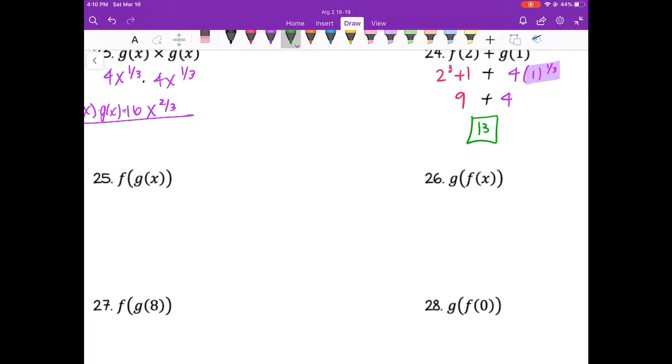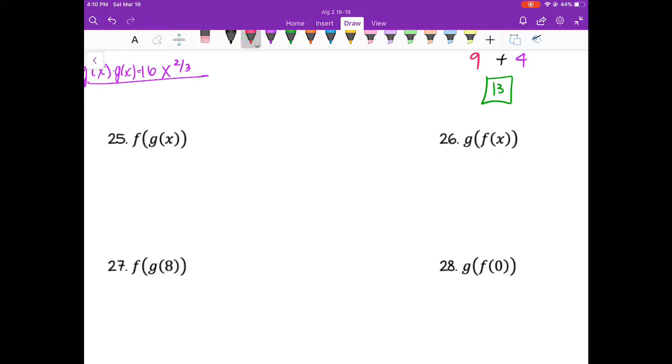Number 25. Now we are starting to compose our functions. We're finding f of g of x. So I want to find f of 4x to the 1/3. So f of x tells me take x, cube it, and add 1. Well, this time around, I've got 4x to the 1/3 cubed plus 1.